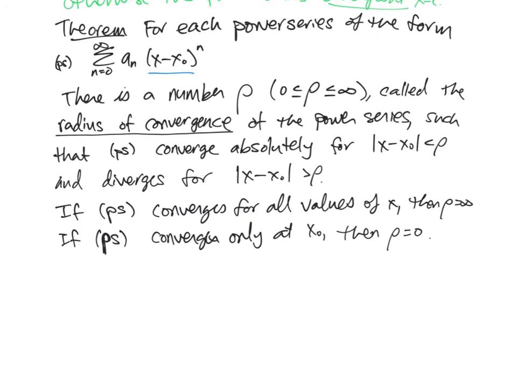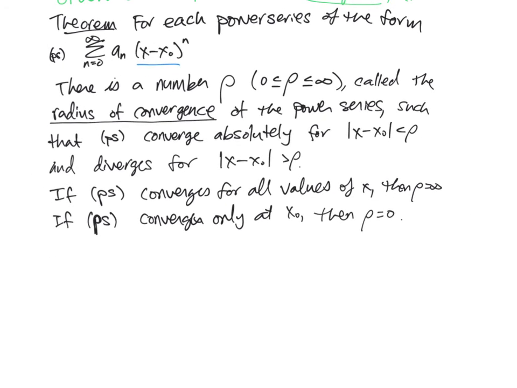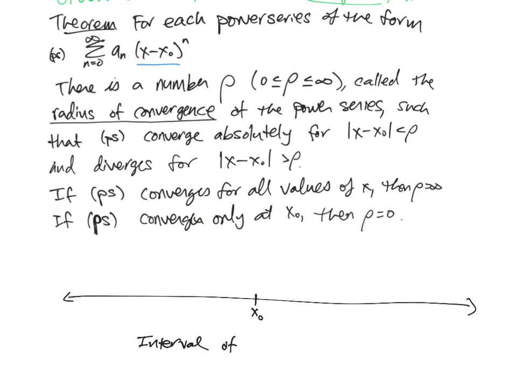And so we can sort of visualize what we just said on a number line. So we're sort of centered at an x_0. So this is our interval of convergence. And we get some rho.